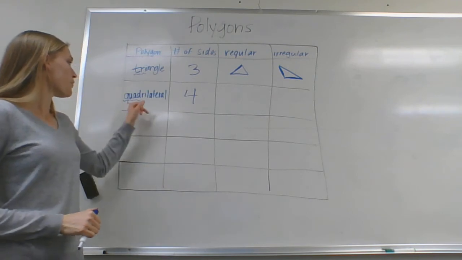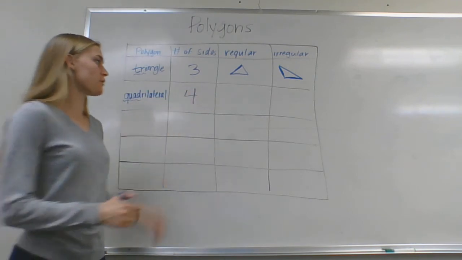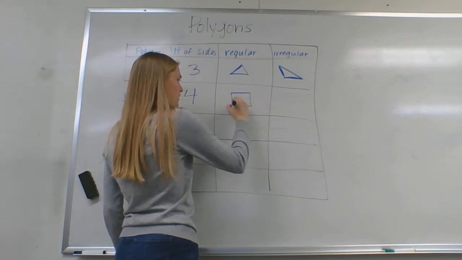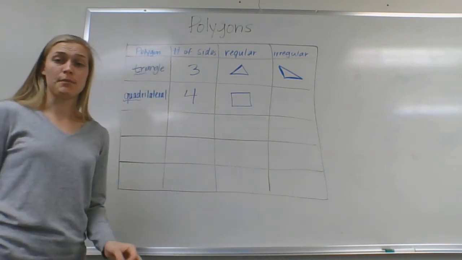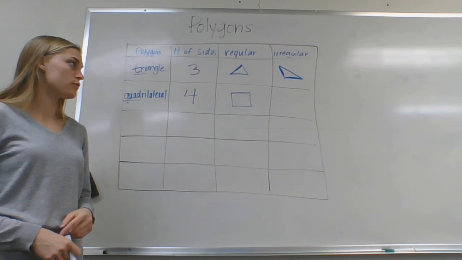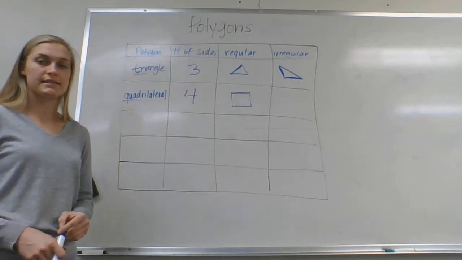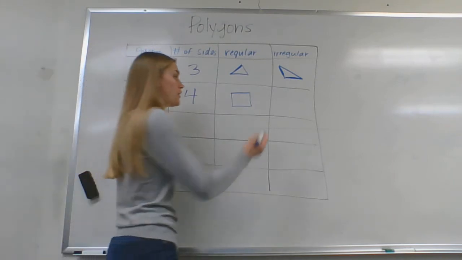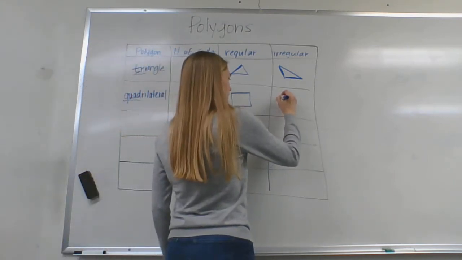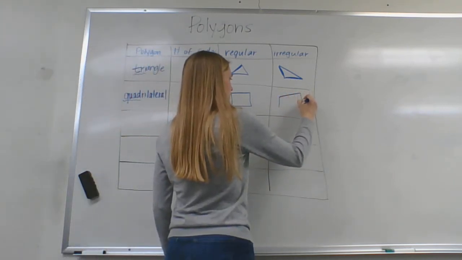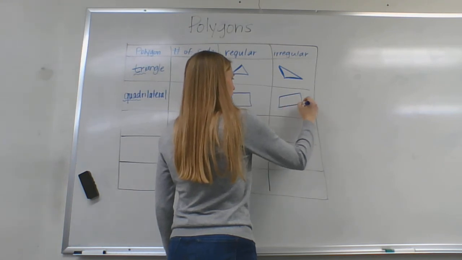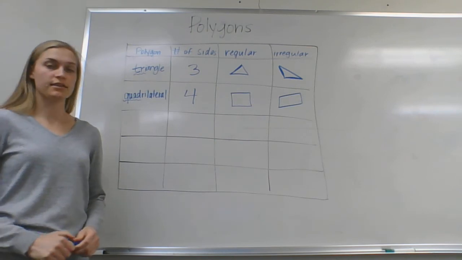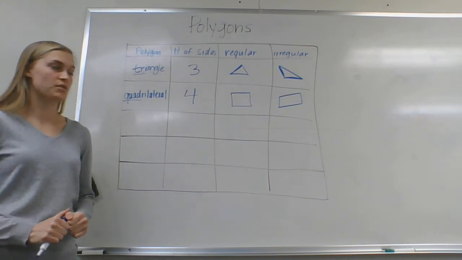Alright, so this is four-sided, and so a regular, as we talked about already, would be a square. Same length sides, and same measure angles. Congruent sides, congruent angles. Irregular could be like a rectangle, or it could be something like this. Right, those angles are different, and the side lengths are different, so it's irregular.